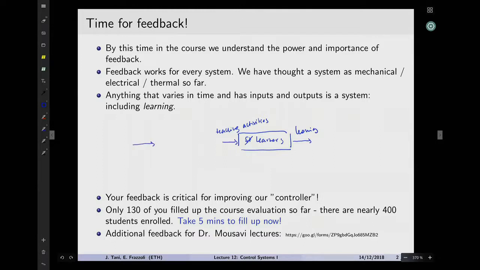If we set some reference signals that are the so-called intended learning outcomes, you must have noticed in some classes professors say, okay, today's intended learning outcomes are this, this, and that. So the ILOs represent the reference signal. The output of this whole business is that people learn, so the intended learning outcome has to be of the same nature as the Y. The reference has to be compared to the Y, so the intended learning outcomes are compared to something, because we have to measure learning somehow.